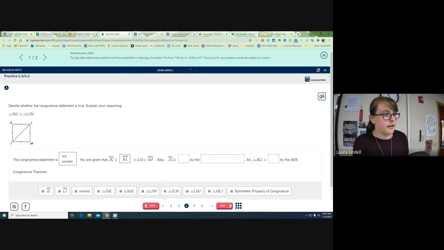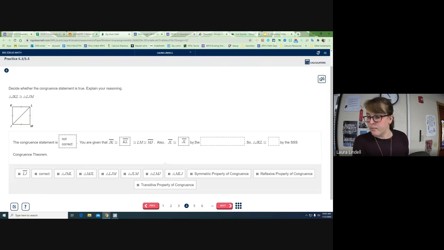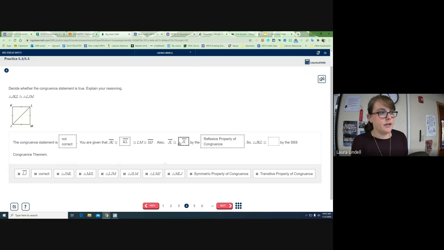So if it's a shared side, JL is congruent to JL. And if we look back at our notes, that was the reflexive property that told us that JL is congruent to itself. So then we can say that JKL is actually congruent to, you could pick LMJ, because JKL goes short side, long side. LMJ goes short side, long side.